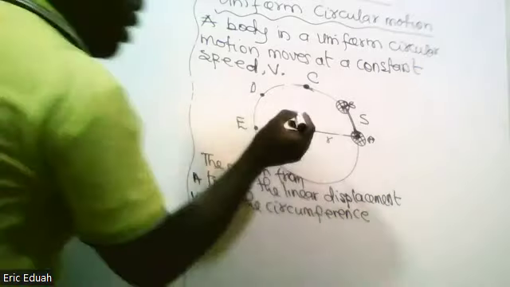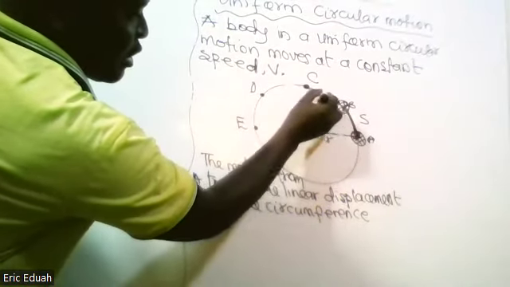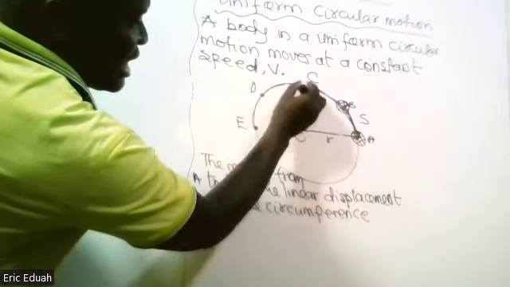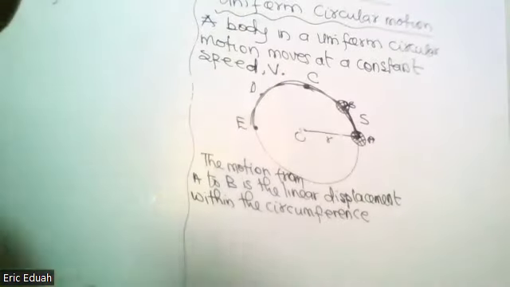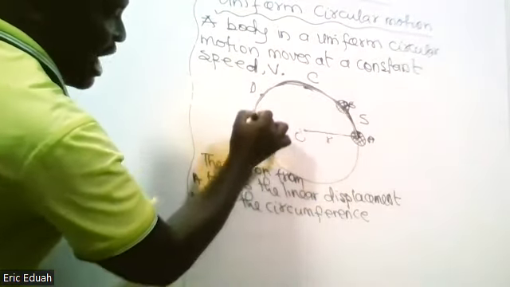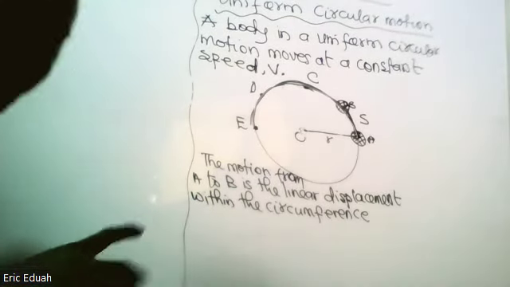Now, when the body finally moves from A to E, the linear displacement is half of the circumference of the circle. That is its linear displacement.